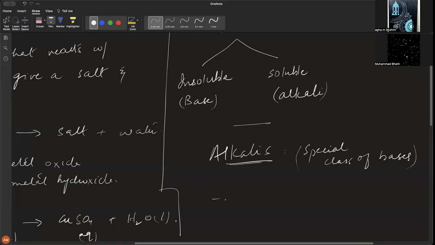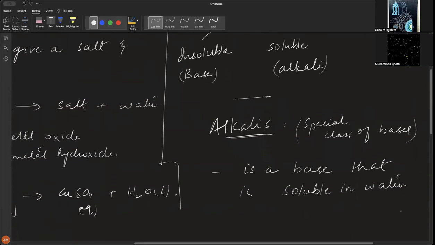An alkali is a base that is soluble in water.